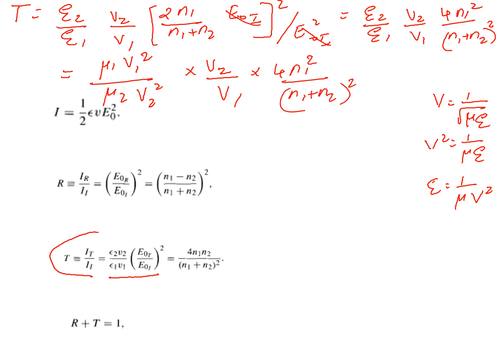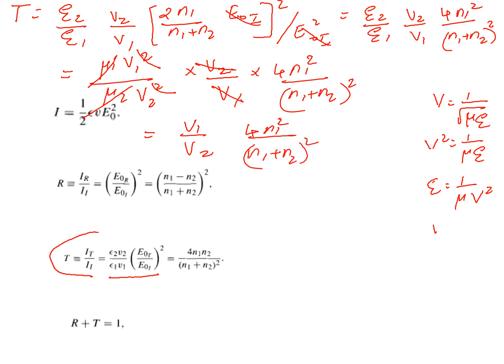Now again taking the approximation that mu1 and mu2 are very close to the value in free space, you can cancel mu1 and mu2. Then V2 square and one of the V2 cancel, and V1 and V1 cancel. Now what you're getting is V1 by V2 times 4N1 square divided by N1 plus N2 whole square.